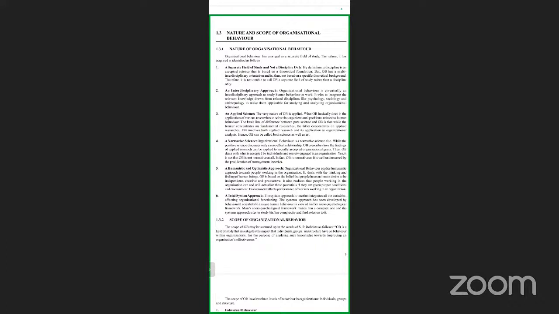All these subjects are applied in order to understand human behavior at work. Hence, we consider organizational behavior an interdisciplinary approach. It is not confined to one subject. It has a multi-dimensional approach, which covers other subjects also.